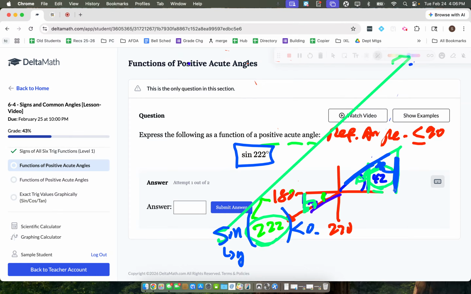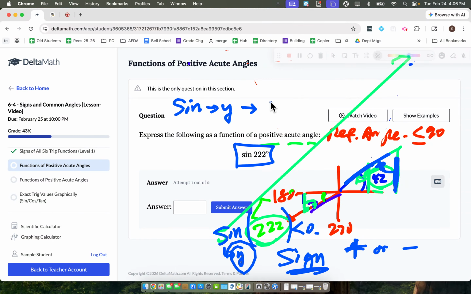But when you translate into the world of coordinate planes, the sine value affiliated with y is going to have a sign. It's going to be positive or negative. And you've got to use what we just talked about, your knowledge that sine goes with y, goes with negative in quadrants 3 and 4.